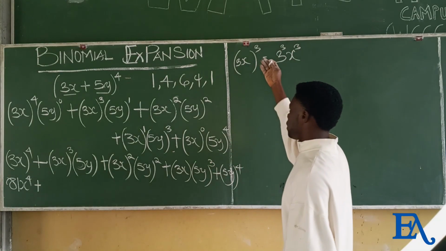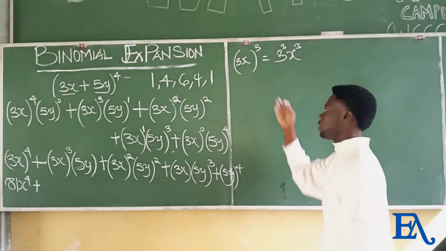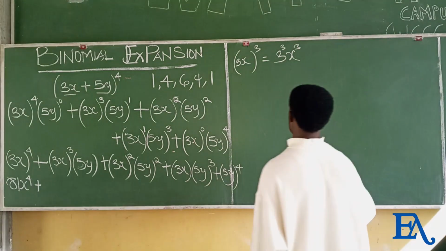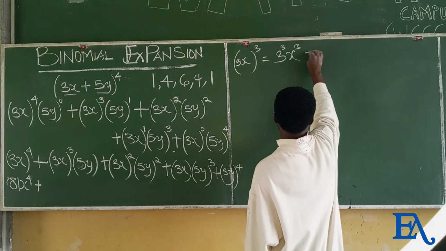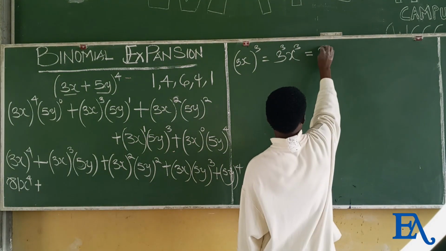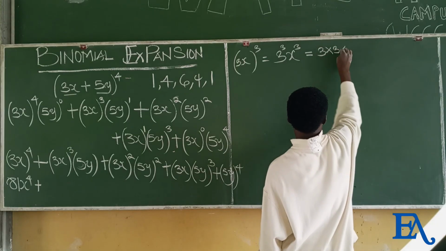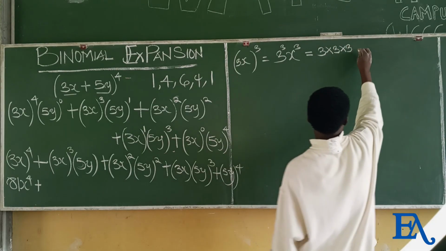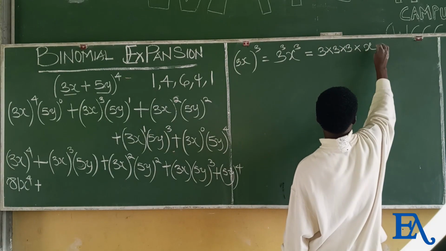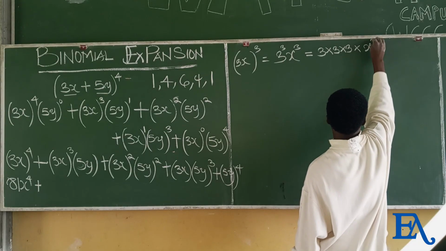So the power is affecting all the terms in parentheses, be it a number or a letter. So 3 raised to the power of 3 means 3 times 3 times 3, then times x raised to the power of 3.